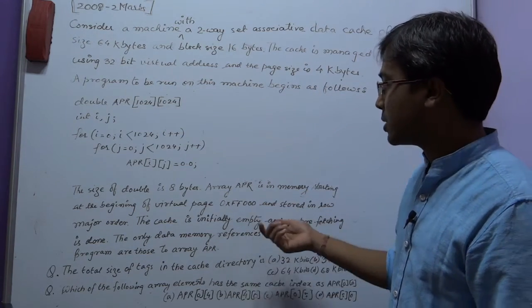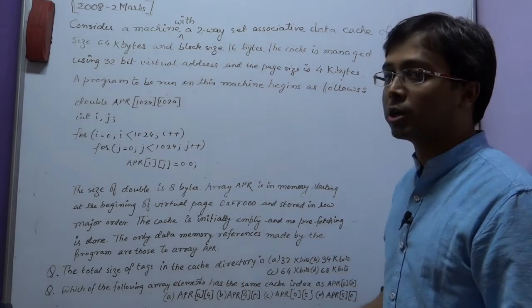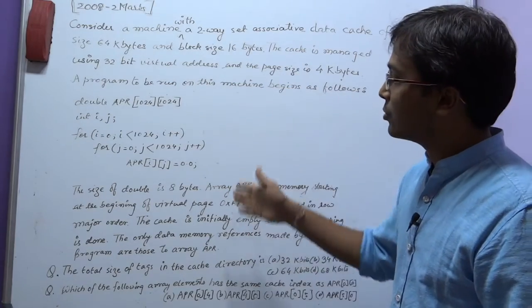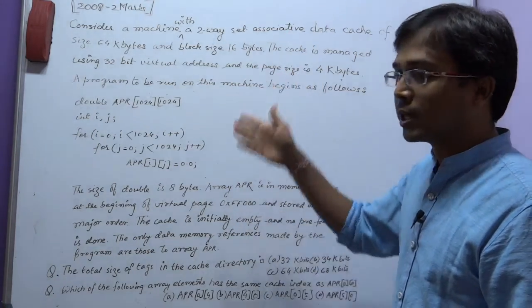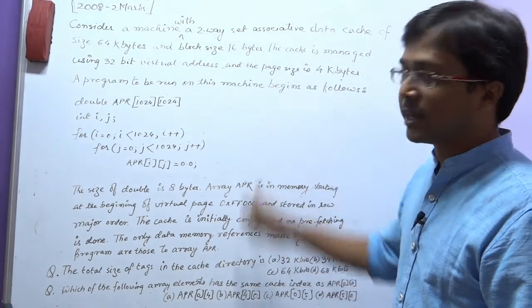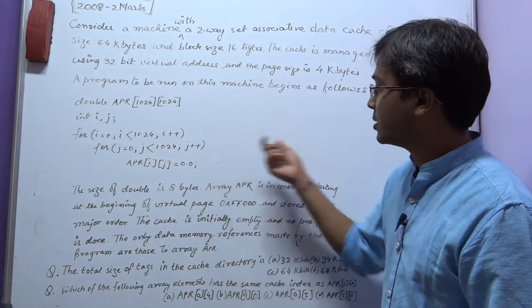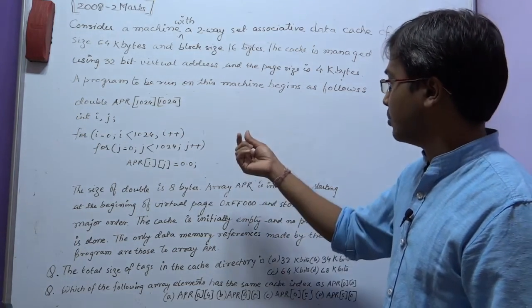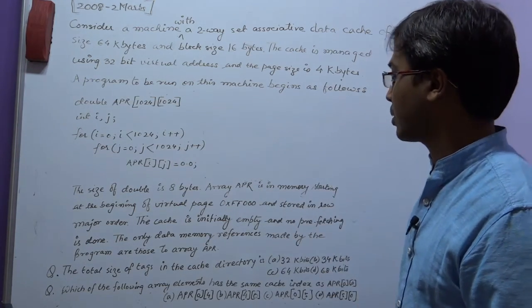So this is row major order. The other order of storage of an array is column major order, in which all the elements of a column are stored in contiguous memory before storing the elements of the next column. So this is row major order, where the elements of a row are stored in contiguous memory.